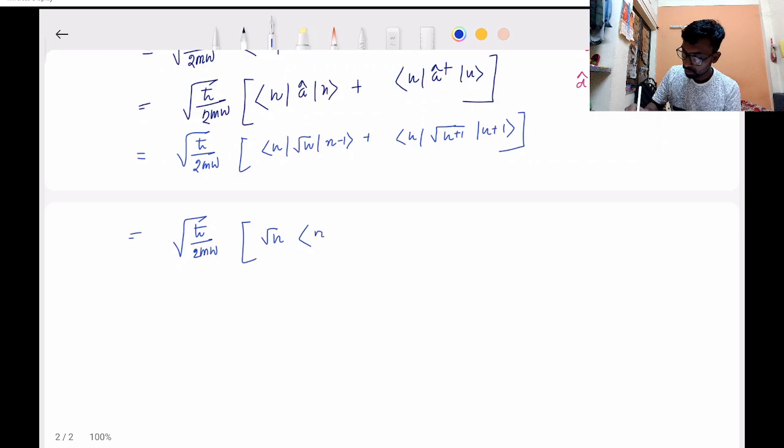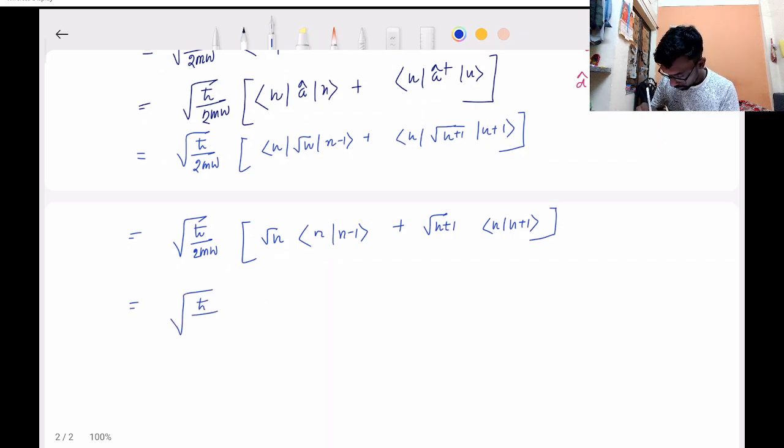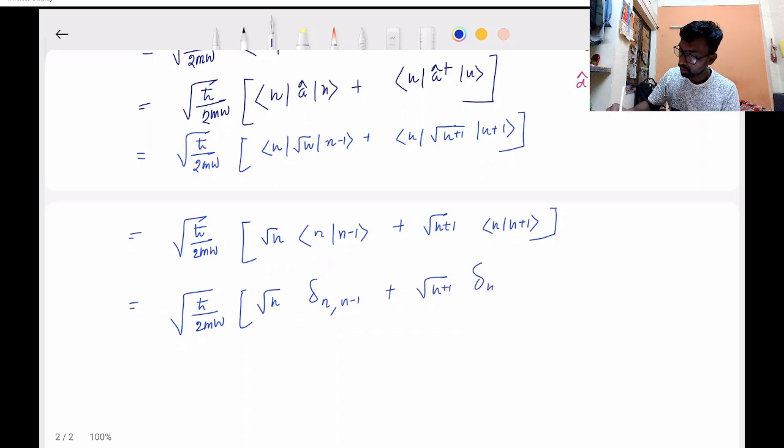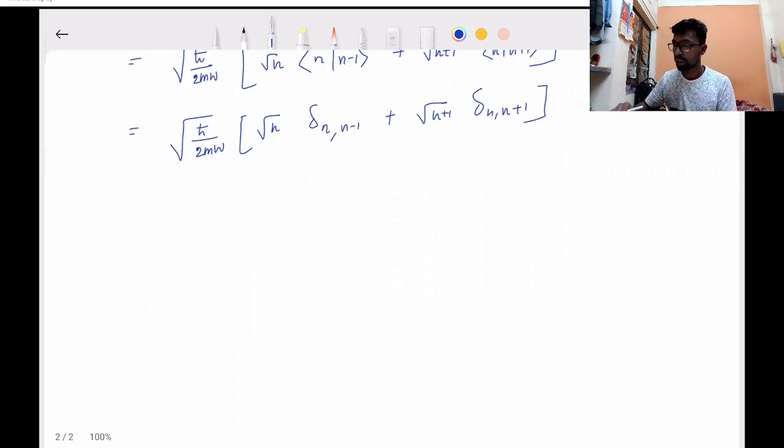So we get our final beautiful result, √(ħ/2mω) [√n ⟨n|n−1⟩ + √(n+1) ⟨n|n+1⟩], right? It is actually represented like that: √(ħ/2mω) [√n δ(n, n−1) + √(n+1) δ(n, n+1)]. We already know the properties of the Kronecker delta, right?